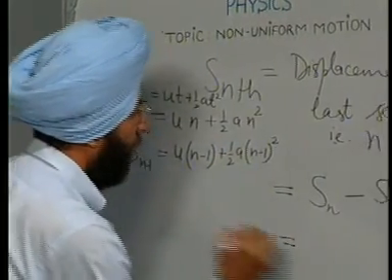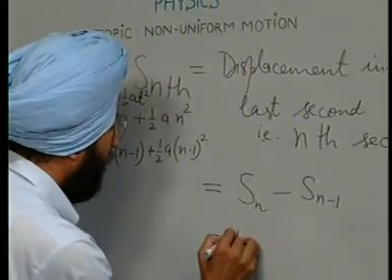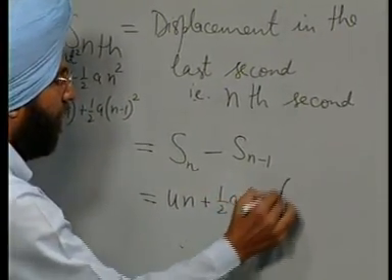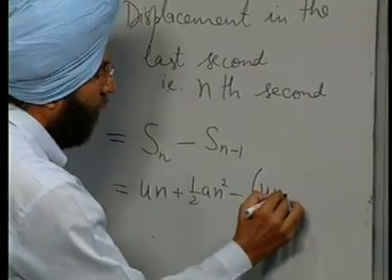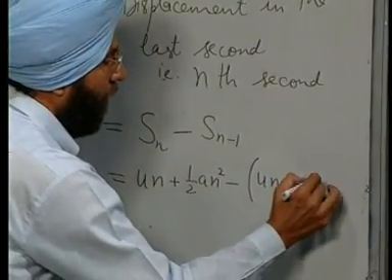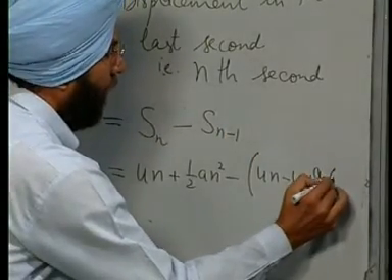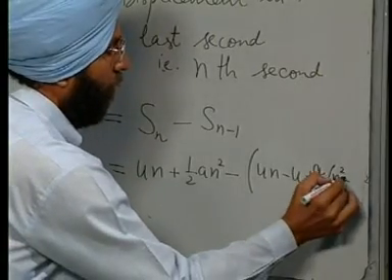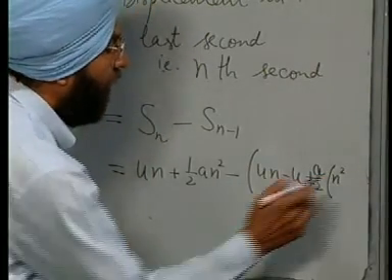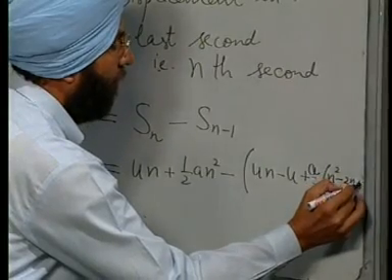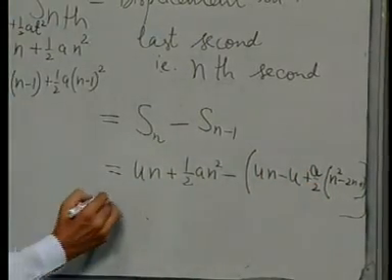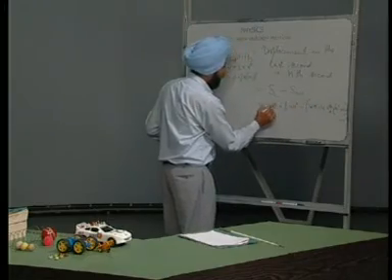So, we can substitute the values. S n is equal to u n plus half a n square minus u into n minus 1 minus half a into n square minus 2n plus 1. U n minus u n gets cancelled.